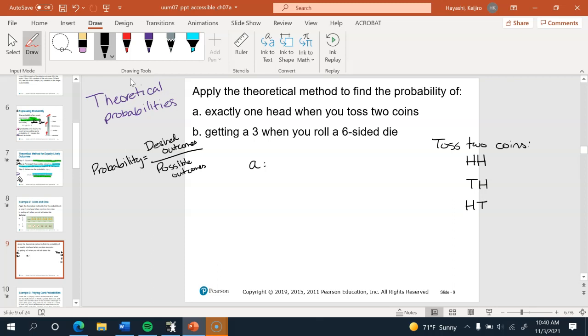It can happen the other way around, and it can happen where they land both tails. So there are 4 possible outcomes. So the 4 possible outcomes goes on the bottom.